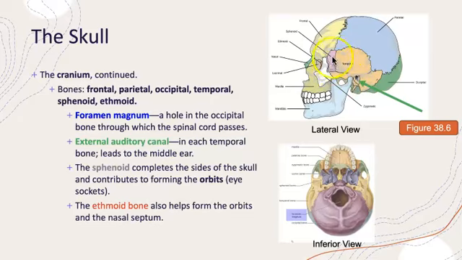And then we have our sphenoid bone, which again, we only see a small portion of here, and you also see it in the purple in this inferior view of the skull here. And this helps to complete the sides of the skull and contributes to forming the orbits or our eye sockets. And then we have our ethmoid bone. So again, we just see a small portion of it here. This is going to help to form the orbits and the nasal septum.